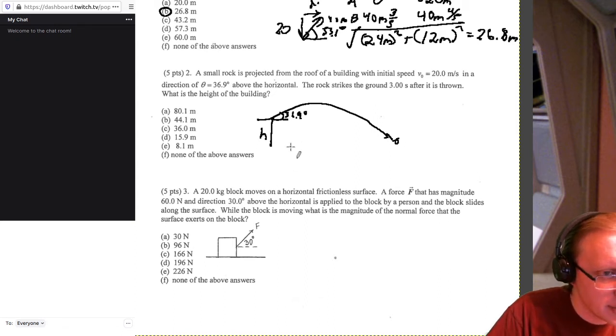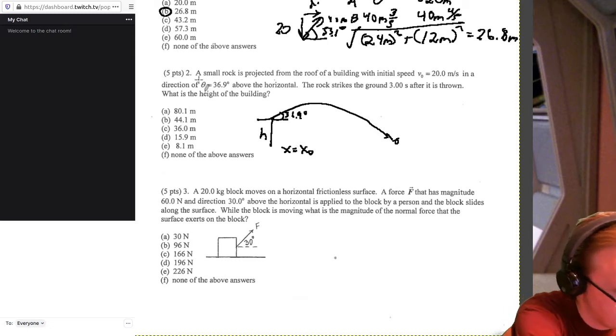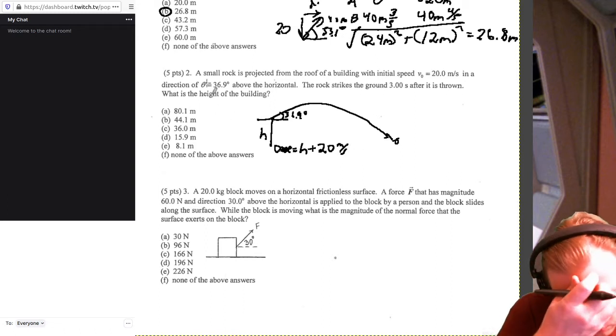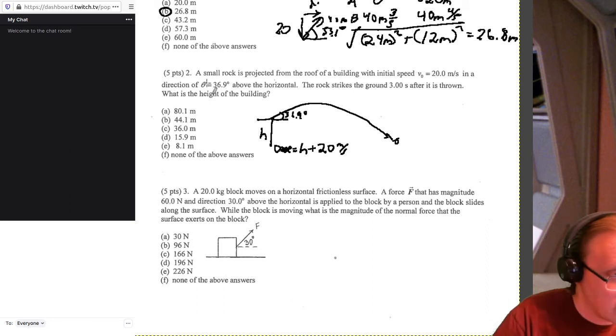So this is a position question. X is equal to x naught, in our particular case that means h, plus v naught, so that's 20 meters per second. And our final destination is 0 meters. Upwards, this is going to be the short angle here, so that would be the short component, 3/5.